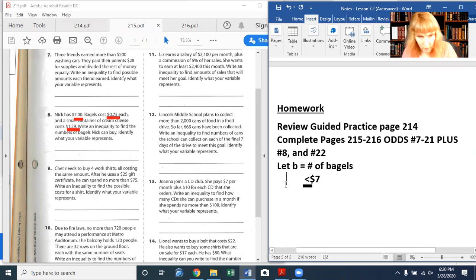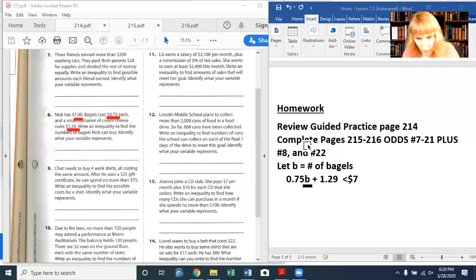So we have 0.75 times the number of bagels plus his cream cheese, which is going to cost him $1.29. All should be less than or equal to $7. So there's our inequality for number 8.